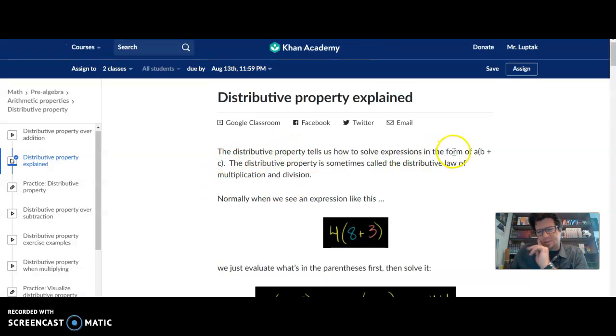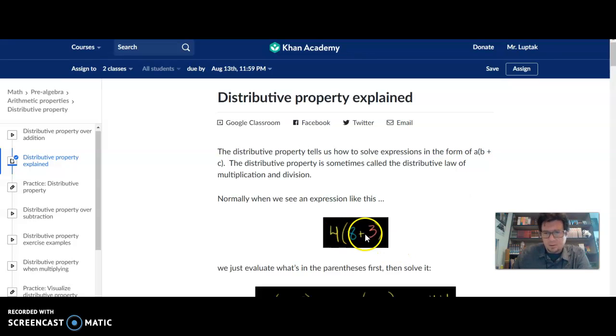Distributive property tells us how to solve expressions in the form of A in parentheses B plus C. So if you've ever got parentheses and then you've got a number outside of the parentheses, it's basically multiplying what's in the parentheses. If you know PEMDAS, the order of operations, you know that you take care of what's in the parentheses first, okay? But this number outside the parentheses will multiply that.